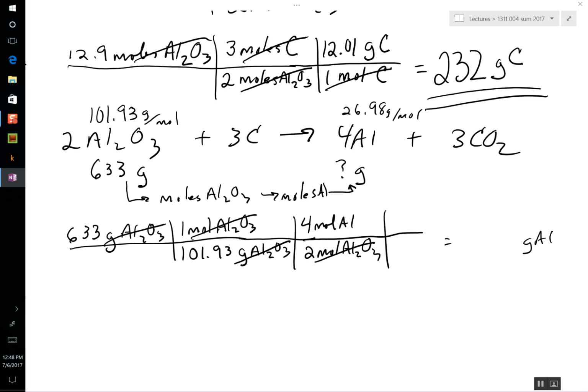Now I know I'm getting the correct coefficient into that expression. And now it is 26.98 grams of aluminum for every 1 mole of aluminum. My unit over here is grams of aluminum, my unit over here is grams of aluminum. Got an equal sign here, so whatever's over here must equal over there. Number and unit.